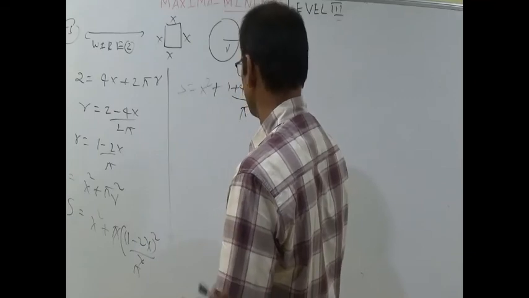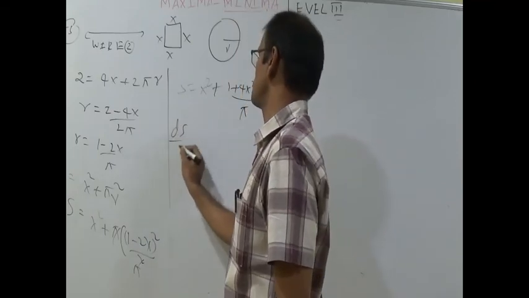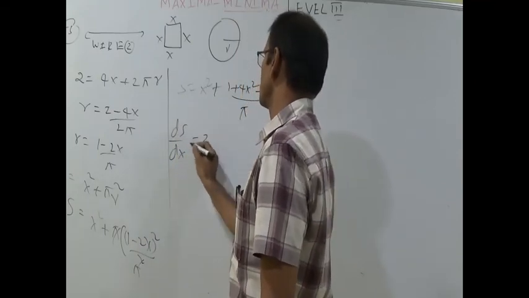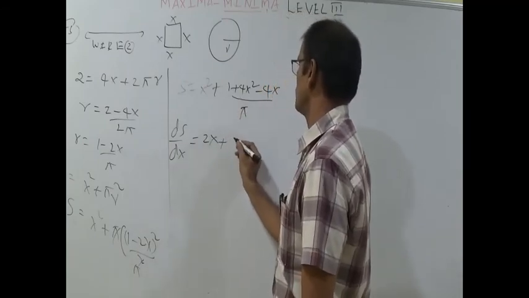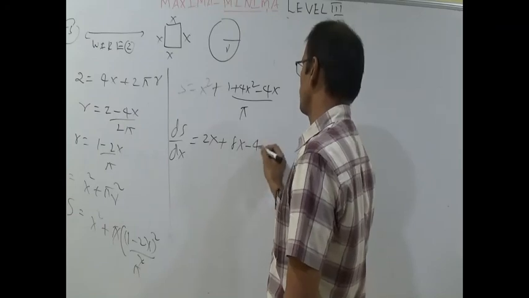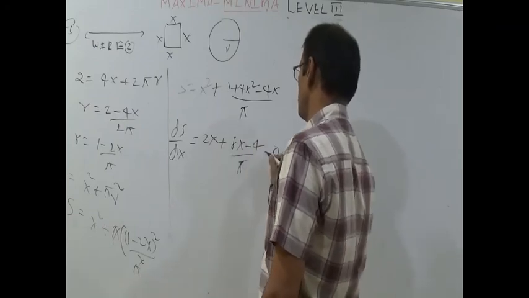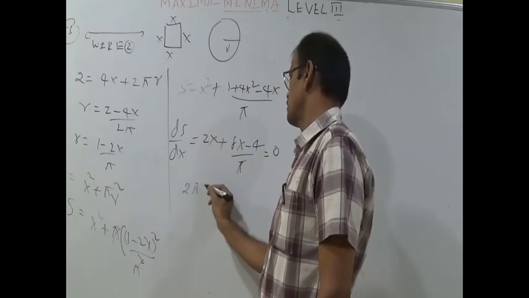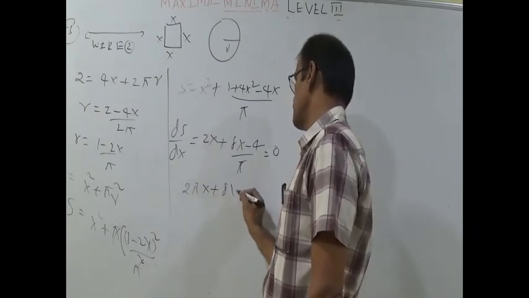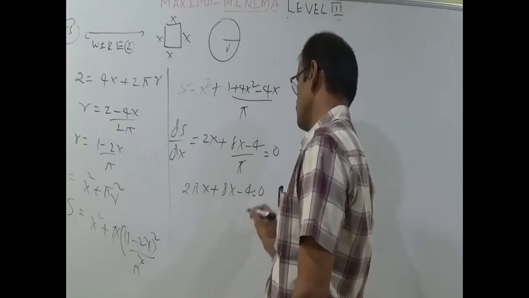Okay, no problem. dS by dx you write, students. dS by dx is equal to 2x plus, this is the derivative, 8x minus 4 whole by pi, equal to 0. So 2 pi x plus 8x minus 4 equal to 0.